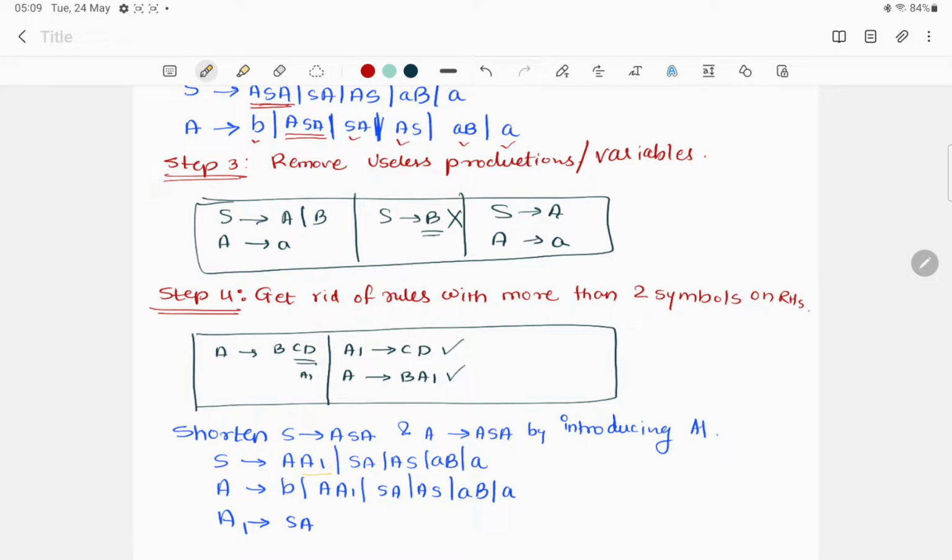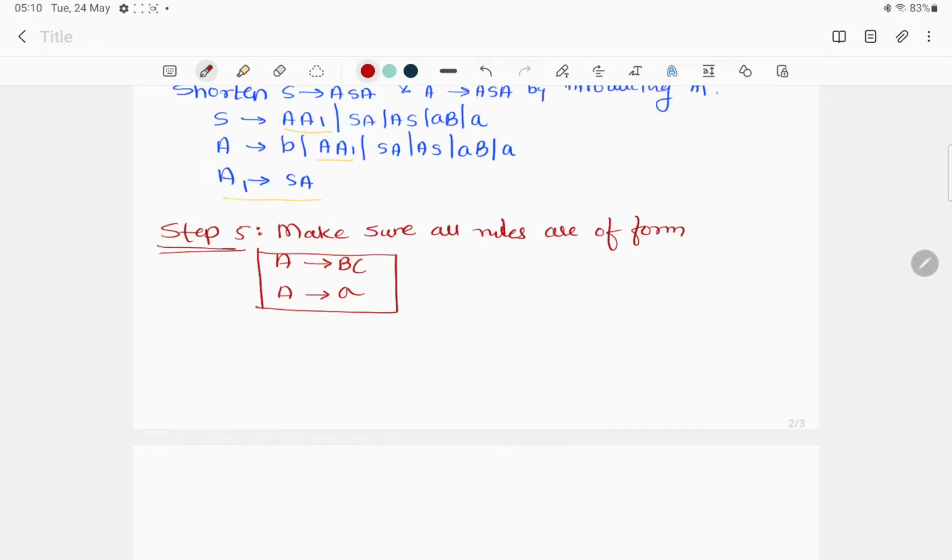And the other rules are as they are, and A giving A1 instead of writing ASA, and A1 giving SA. So in my grammar I have added one extra rule. Whenever I am introducing a new symbol, I am introducing a new production rule, so I should be adding that rule in my grammar. So this is the grammar that I have prepared.